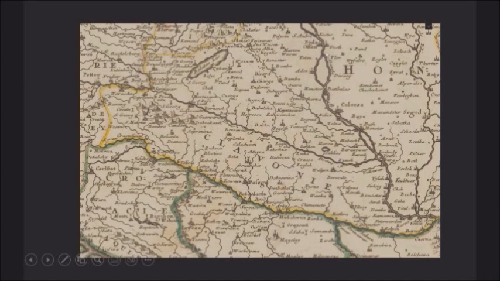Here's Budapest, for example, Buda and Pest. Here's Lake Balaton. And right south of this region is an area that became known on the French maps, in any case, as Esclavonie. This became quite different from what was happening in Northern Europe.